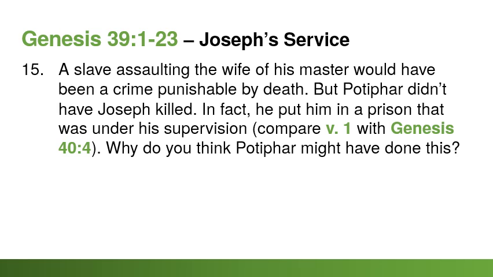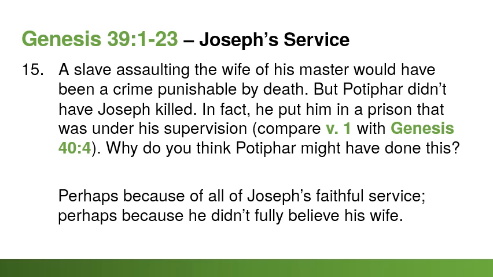So why doesn't Potiphar simply execute this slave for committing this terrible crime? That normally is what would have happened, but we don't know. This is to some degree an assumption, but perhaps Potiphar is thankful for all of Joseph's faithful service. Maybe he doesn't fully believe his wife. Maybe he thinks this just doesn't sound like something that Joseph would do.